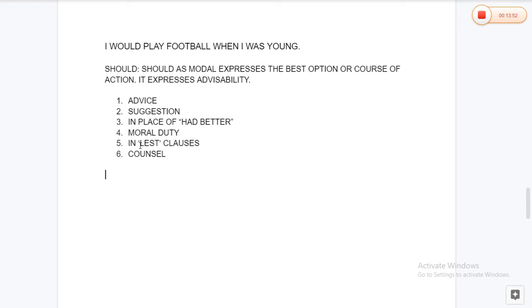Let's see the example of should here. I advise you to sell this house. Sorry, let me make it correct. I advise you to sell this house. Then you can rewrite the sentence: you should sell this house.